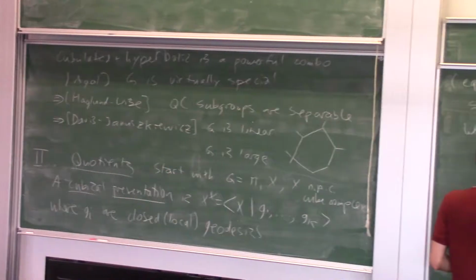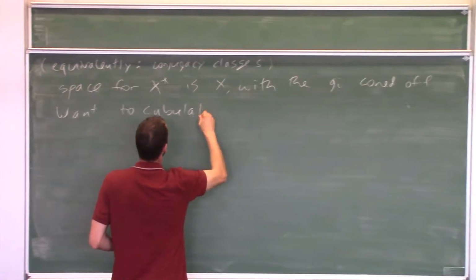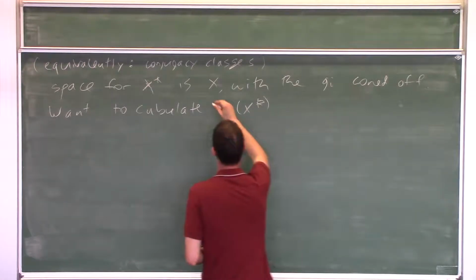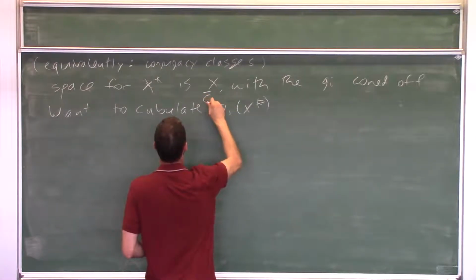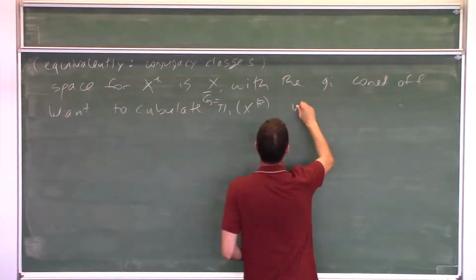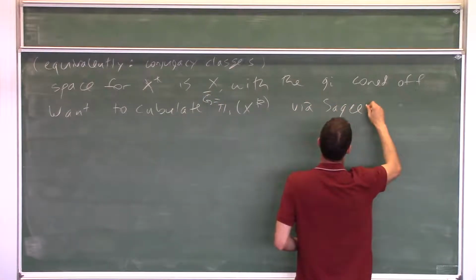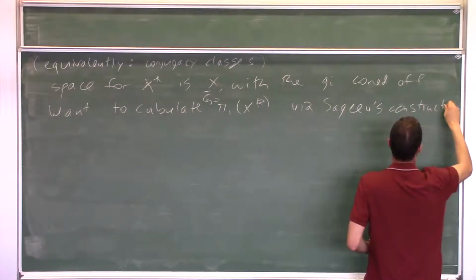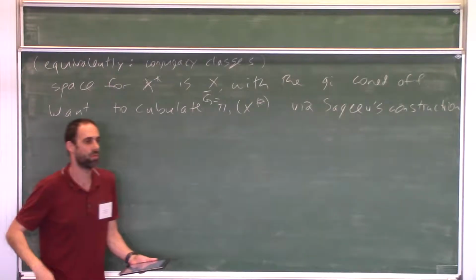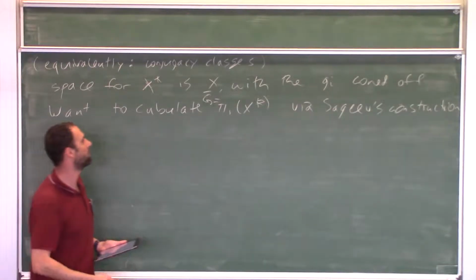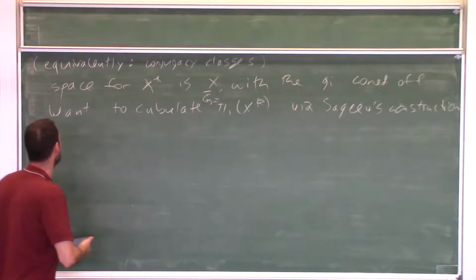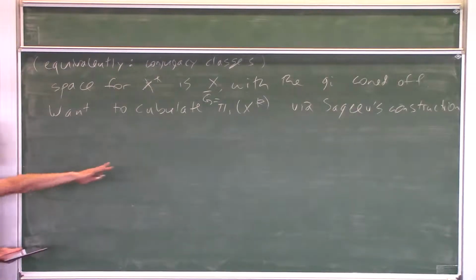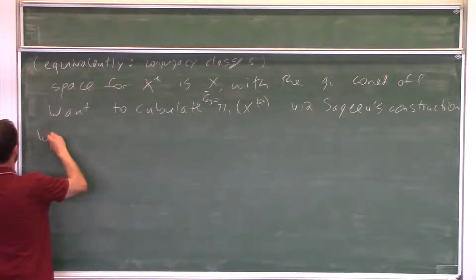And we want to cubulate X* via Sageev's construction, which Jason has helpfully reviewed this morning, although we're not going to take subgroups directly, we're just going to build walls in the space. So for those of you who are experts on cubulating things via Sageev's construction, here's a picture of where we get the walls, right?